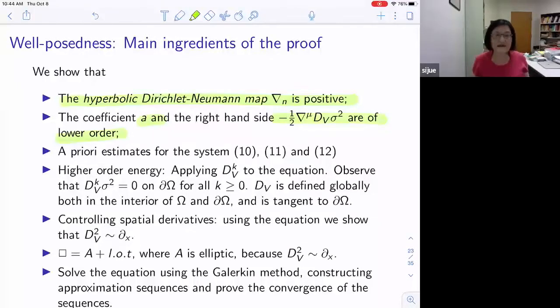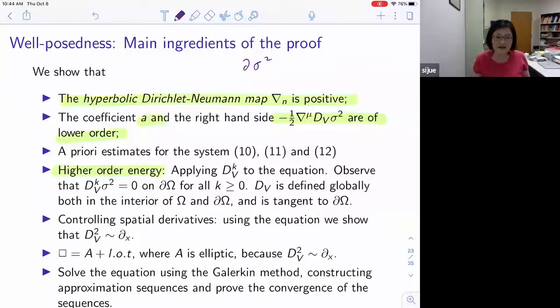Okay, and so we can get a Pauli estimate, but there's a crucial new thing we introduced to do the higher order energy. Instead of doing spatial derivatives, it would be awkward because we don't really know what the boundary value is. So if I take a spatial derivative of sigma squared, I won't really know its boundary value.